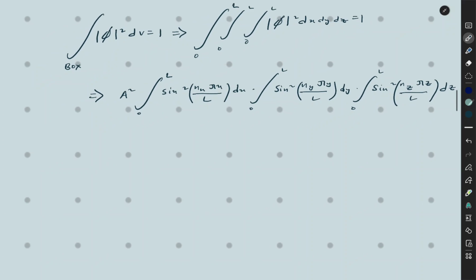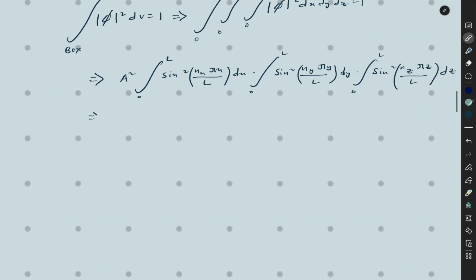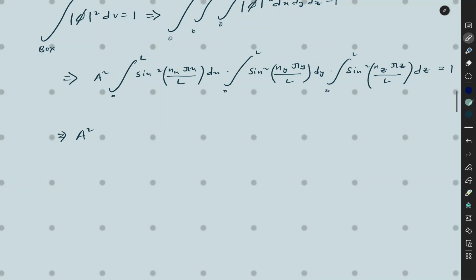So now if we substitute the values and integrate, then we will get, I am not going into the integration, as it will take time. We have done it in our previous lecture. So we will get L by 2 for the first one, again L by 2 for the second one, and again L by 2 for the third one, which will be equal to 1.